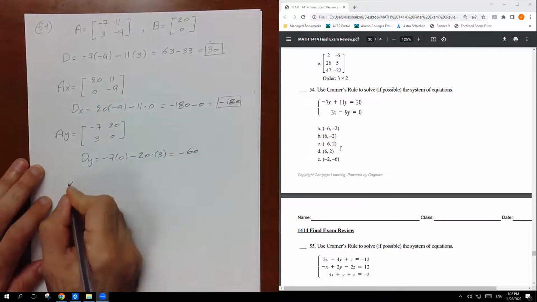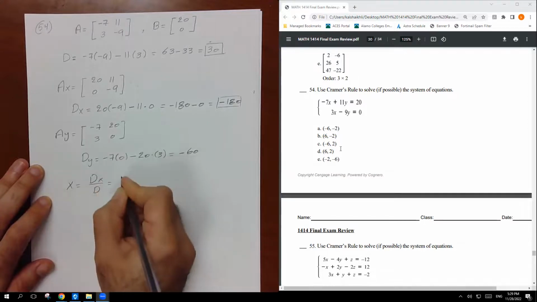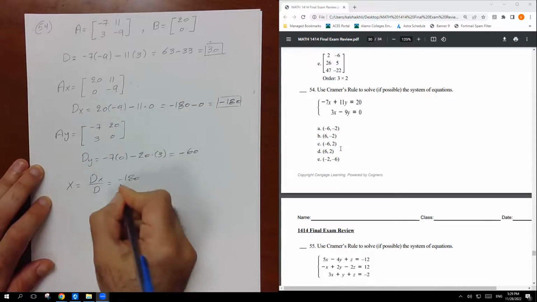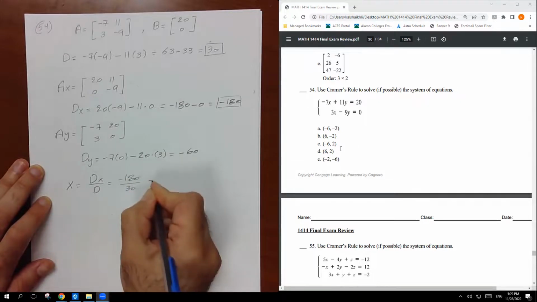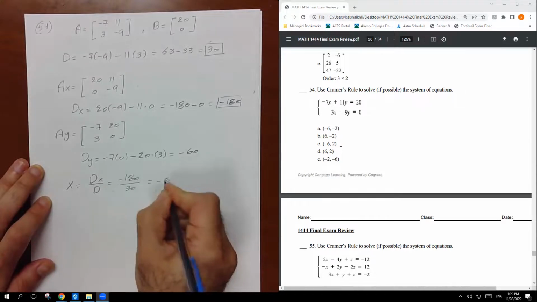That means X is going to be D sub X divided by D, which is equal negative 180 divided by 30, and this one equal negative 6.